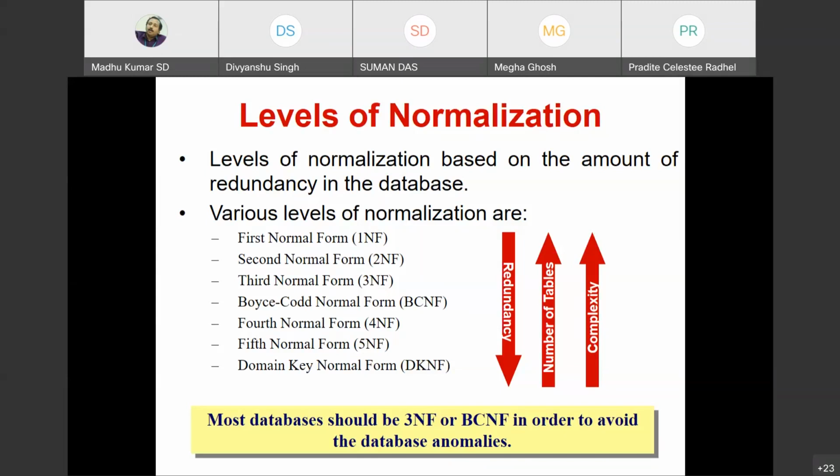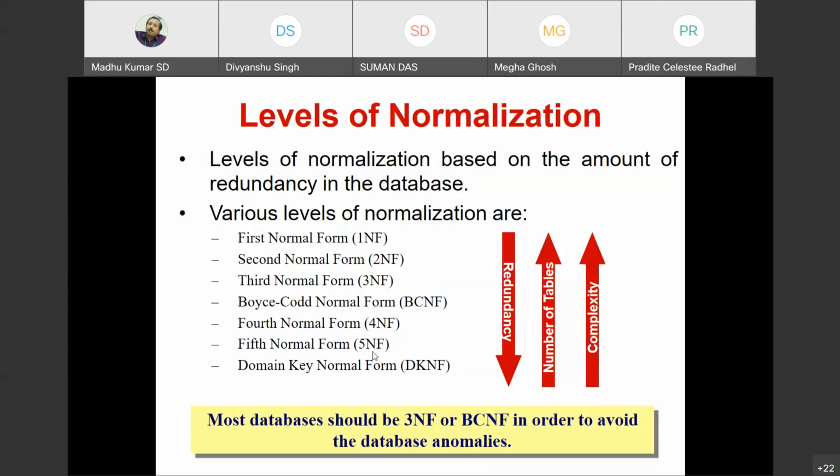Understandability will also come down. If you have only one or 2 tables, you will be able to understand what exactly the table represents. But if you have 20 or 25 tables, then it will be a complicated design.